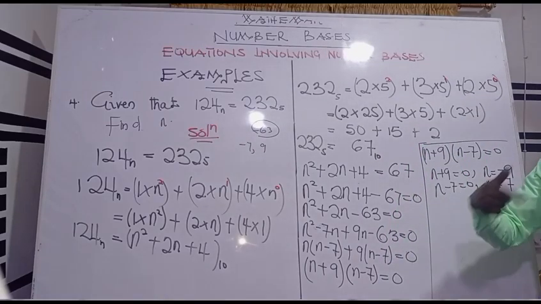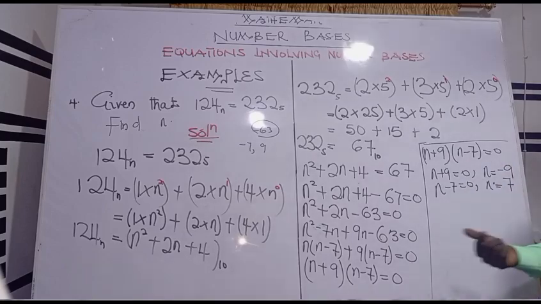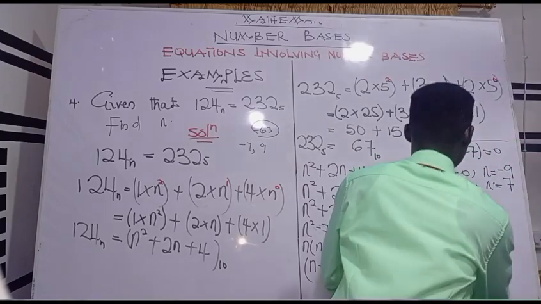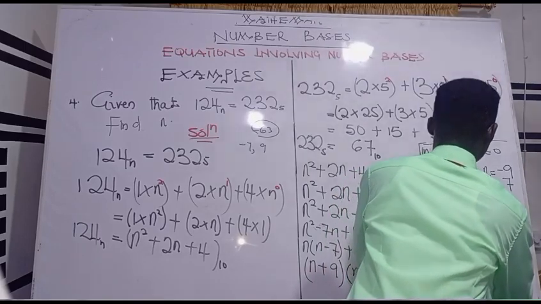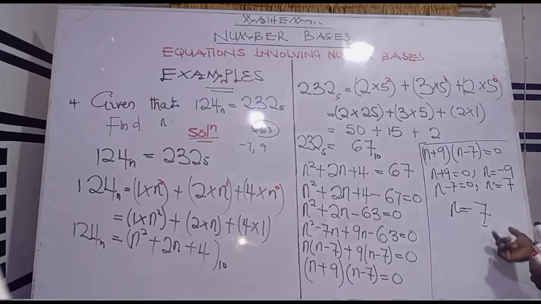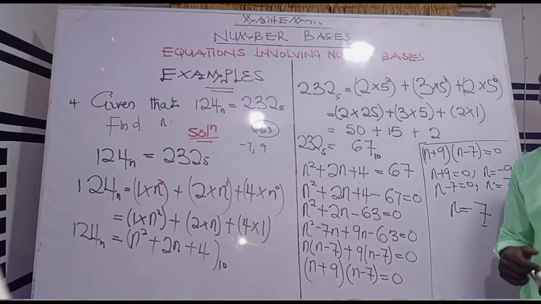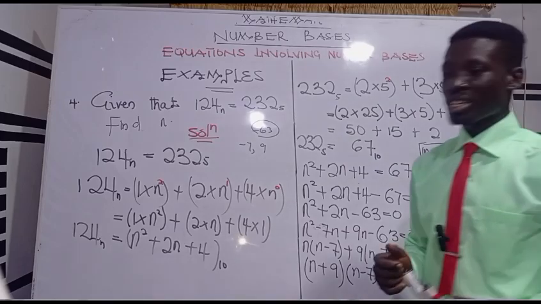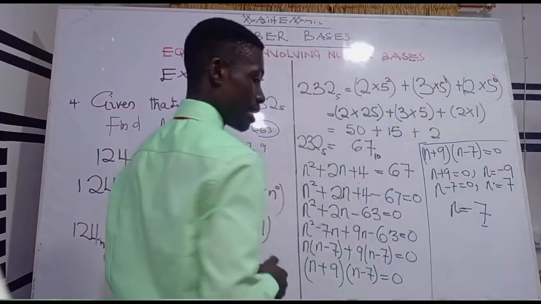Since the equation is true for only positive integers, we take our n to be what? 7. So we say that our n is equal to 7. Good. There is a value for the n. I guess you had this as your answer. Good. I'll give you another example. You try your hands on it.